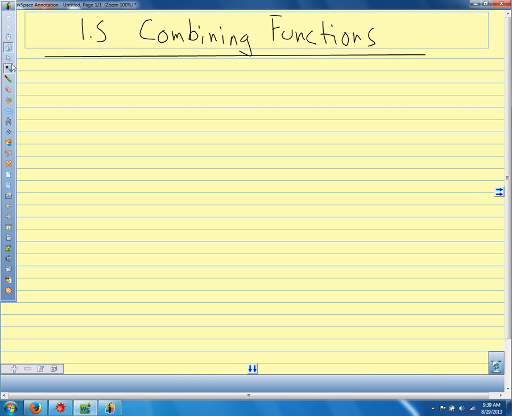So before we get into the details here, what do you think we mean when we're saying we're combining functions? What might we be doing with functions to combine them? Possibly.